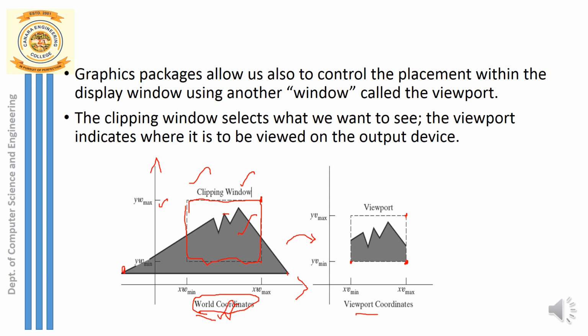So world coordinates consists of n number of 3D objects in the real world. So this entire object is represented in our 3D world coordinate system, and this boundary is chosen in this world coordinate system itself. You call that boundary the world coordinates boundary, or in short the clipping window boundary. Remember that this 2D object is represented in world coordinates first. So this is the first step.